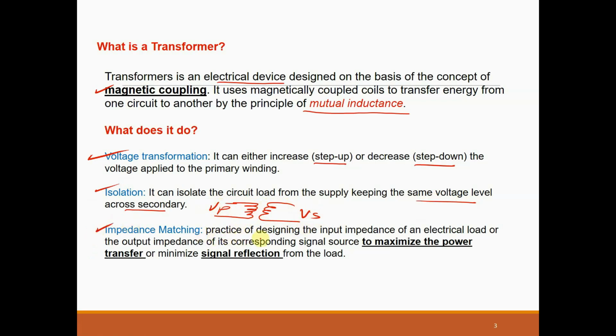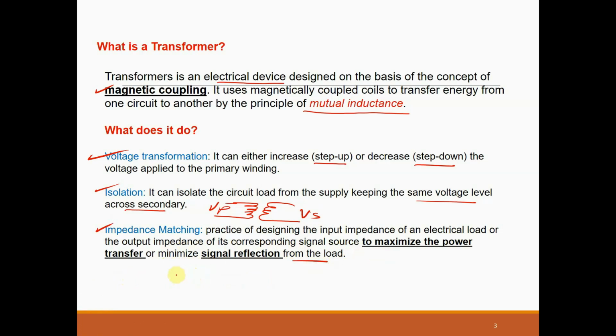Impedance matching is the practice of designing the input impedance of an electrical load or the output impedance of its corresponding signal source to maximize the power transfer or minimize signal reflection of the load. This is almost similar to our topic before in our Circuits 1 lab, maximum power transfer, wherein we designed the charger.